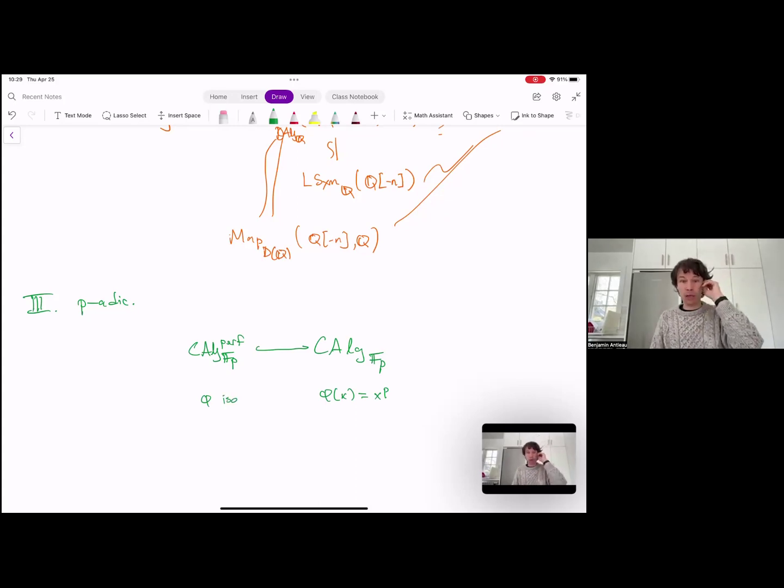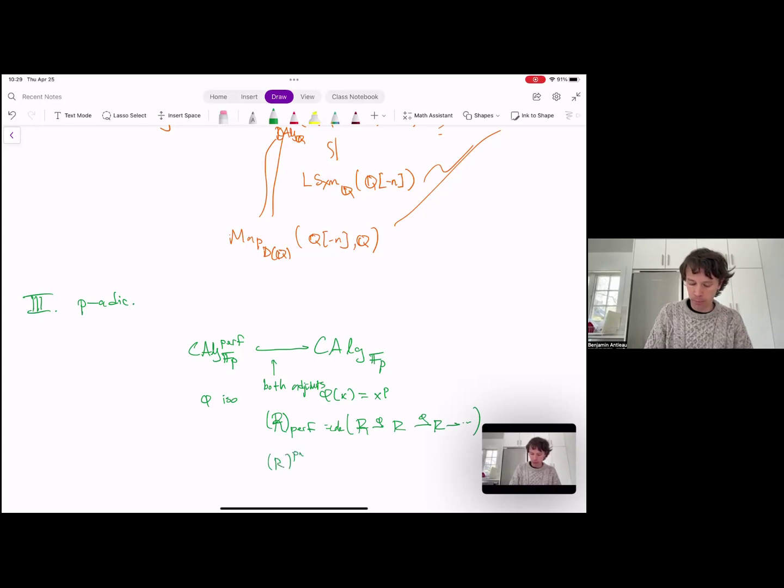The commutative F_p algebras where phi is an iso. This functor has both adjoints. The left adjoint is given by the colimit perfection, R, R, R. And there's also a limit perfection. You take the inverse limit along Frobenius and you'll get a perfect ring.